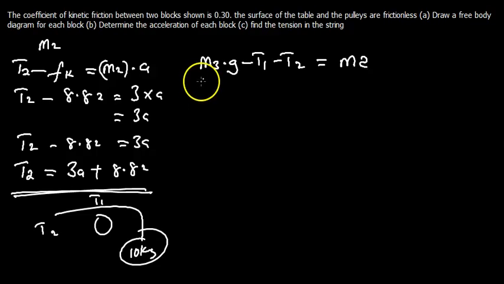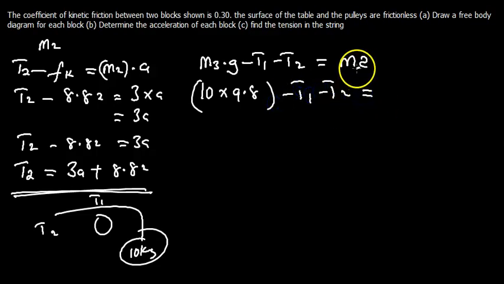In this case, the value of M3 which we are given previously is 10. Multiply that by 9.8, and I'm going to minus T1 minus T2 to be equals to M3 multiplied by acceleration, which is going to be 10a. So at this point, we can now substitute the value of T1 and T2.